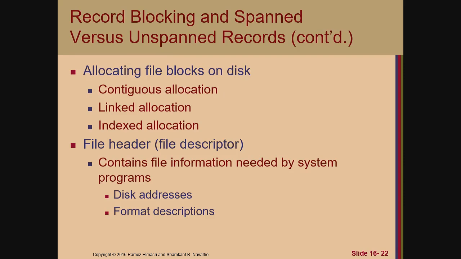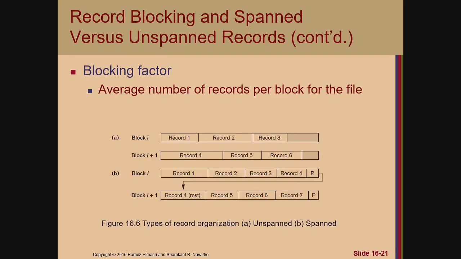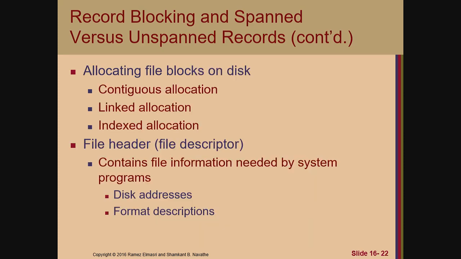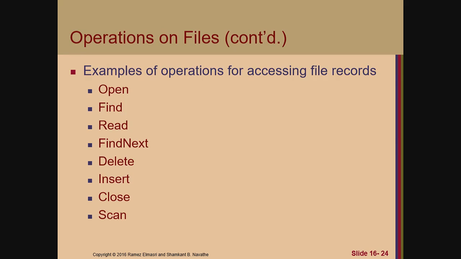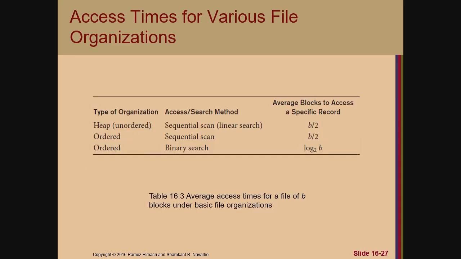Block. Maybe just the concept of the block. Okay, and some keywords, like spanned, unspanned, and cylinder, what it has, and contiguous, linked, index, location, and maybe some discussion of when we have to use this kind of technique or not, and on what kind of RAID.